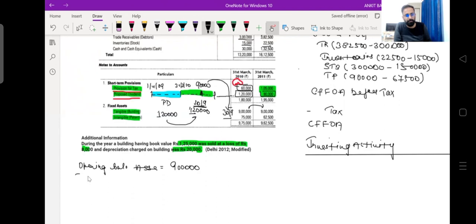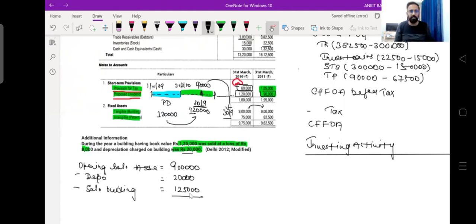Now we have to use the depreciation which the company has provided during the year. It is 20,000, right? The company added depreciation of 20,000, and the company has sold a building, so we write the sale of building here, whose value is 1,05,000. These values we will be reducing because this is not adjusted yet, right?